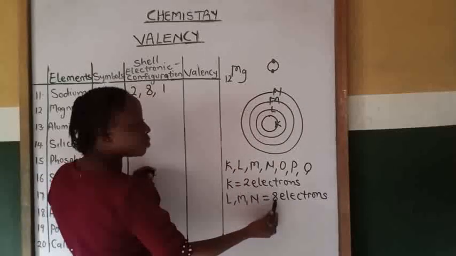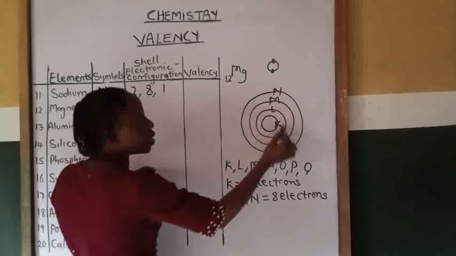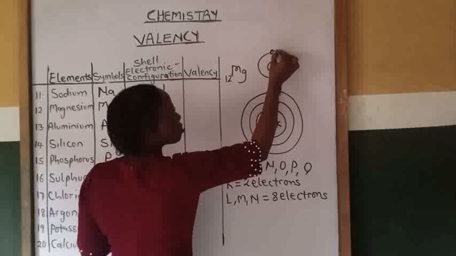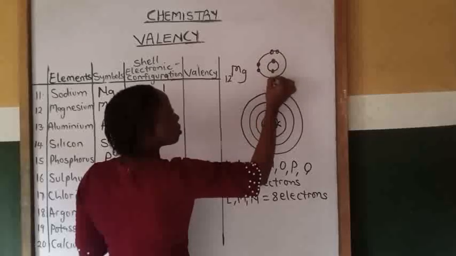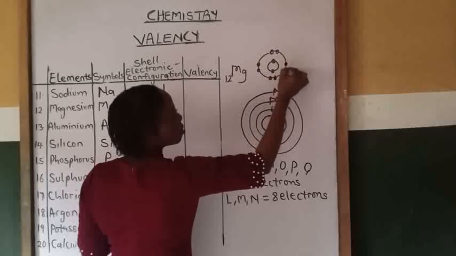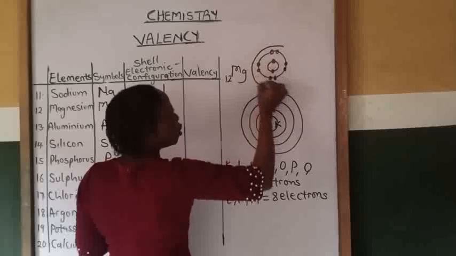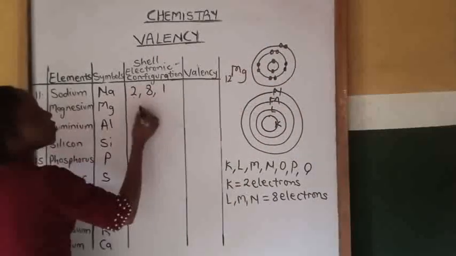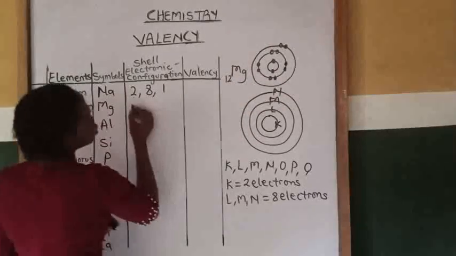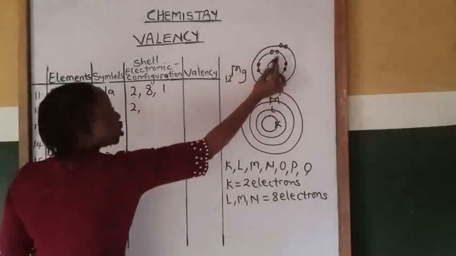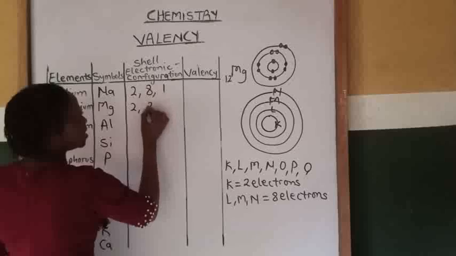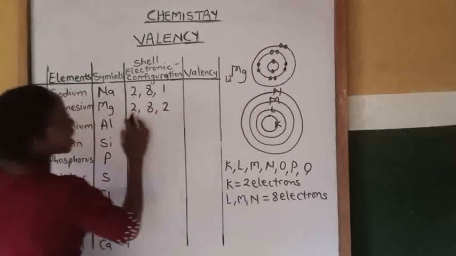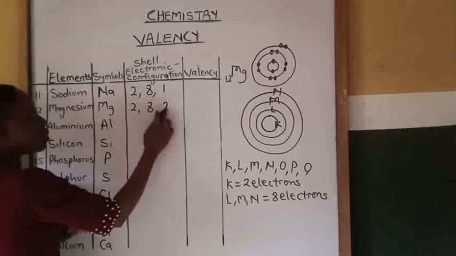L, M, N will take a maximum of 8 electrons. The third shell will take 2 electrons. So the electronic configuration is 2 for the first shell, 8 for the L shell, and 2 for the M shell. So that's 2, 8, 2.